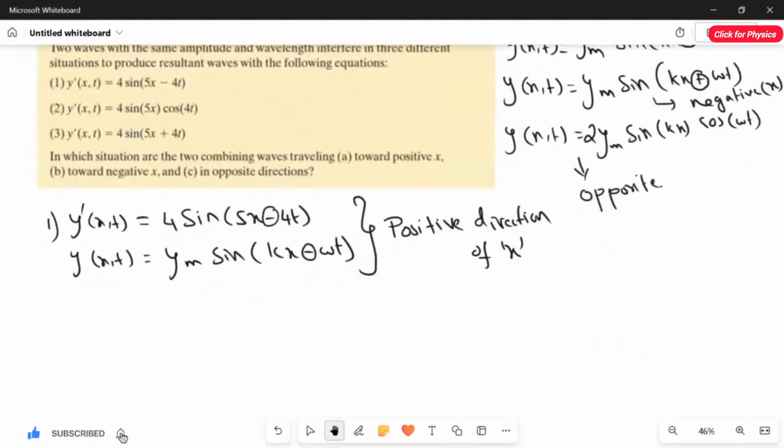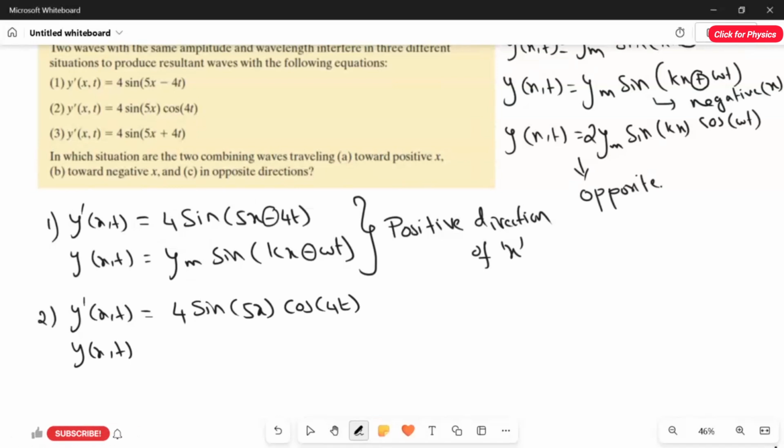Now let's take the second equation. The second equation here is y'(x,t) = 4 sin(5x) cos(4t). Now we can write the general form of this equation, y(x,t) = 2ym sin(kx) cos(ωt).